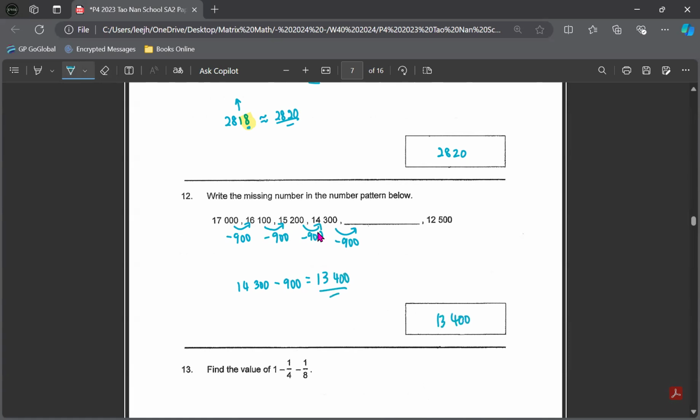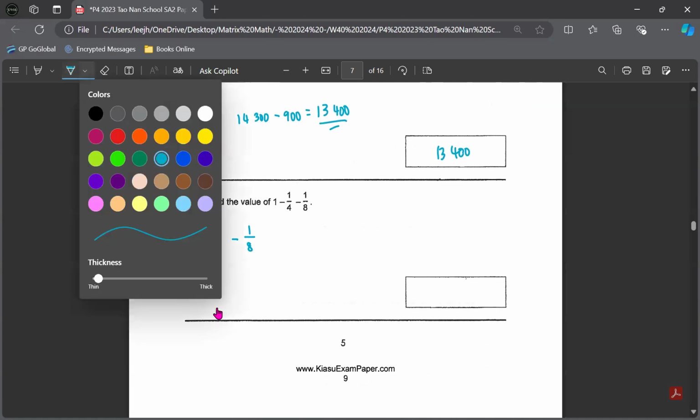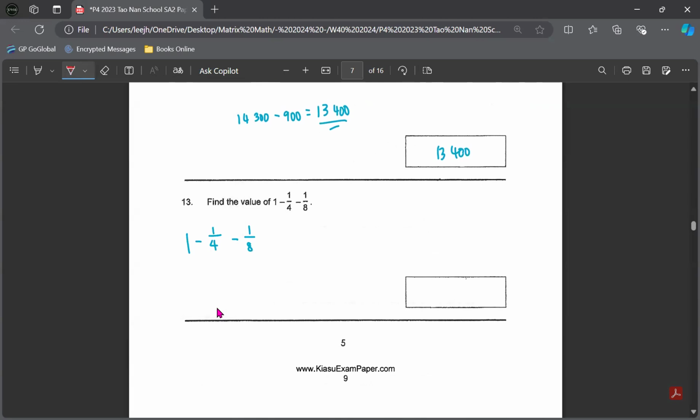Okay. Question number 13. Find the value of 1 whole minus 1 quarter and 1/8. So I write down, like I said earlier, do not do your working in this original question. Write it out. If you look at your fractions, once again, different denominators. Make them the same. So we make it into a denominator of 8, 2 times 2 times 2.